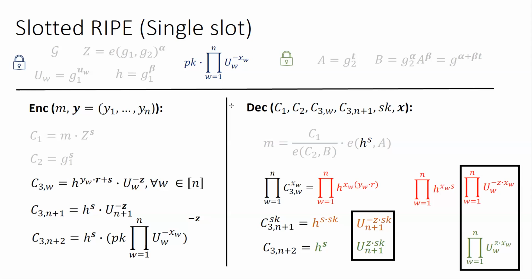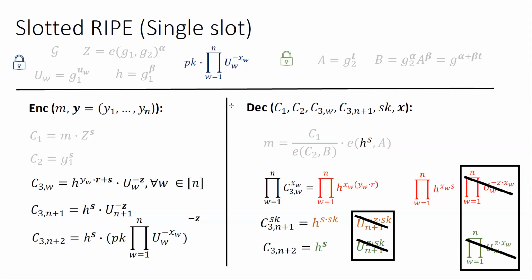The aggregated secret key, this term here, will cancel out with this term here, since both were raised by all the X components before, and here we raised to the X components, so we can cancel them out. And the same here, because the public key is the n+1 terms raised to the secret key, and here we raise the n+1 term to the secret key, so they cancel out.